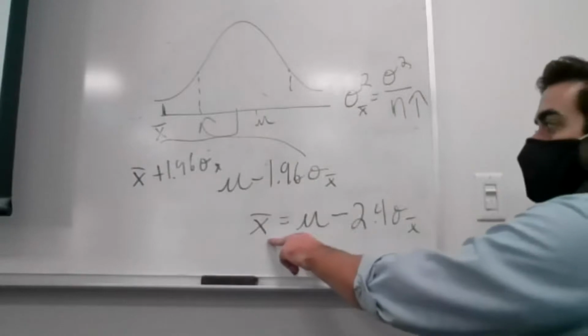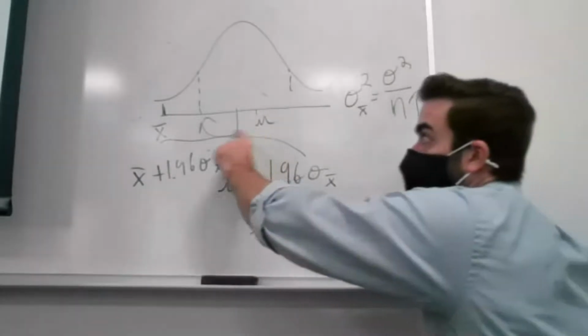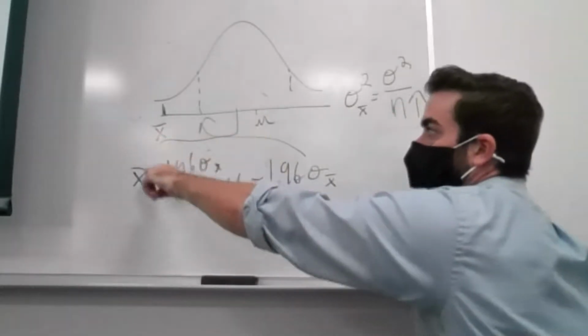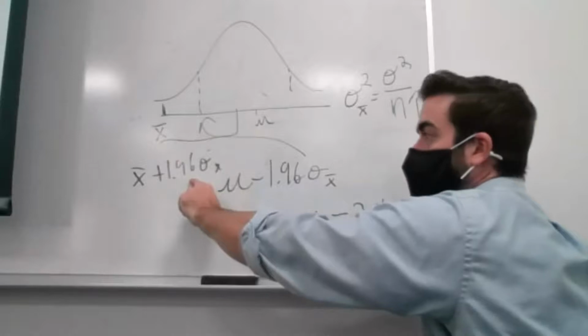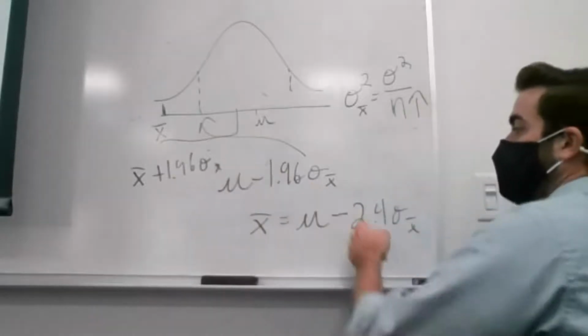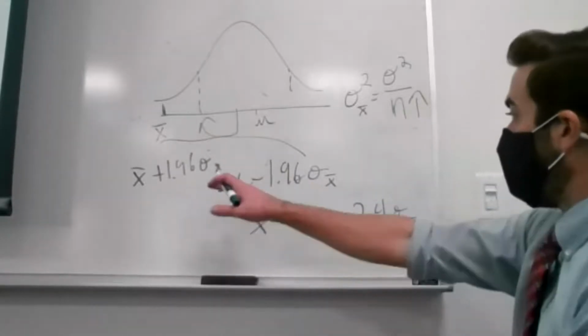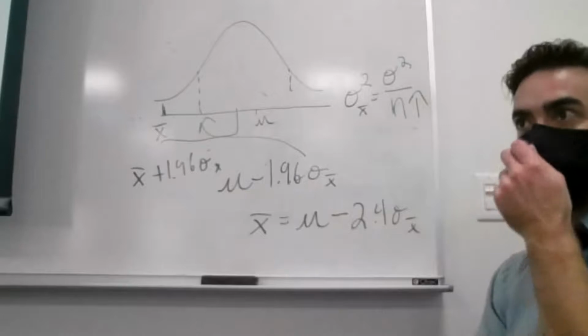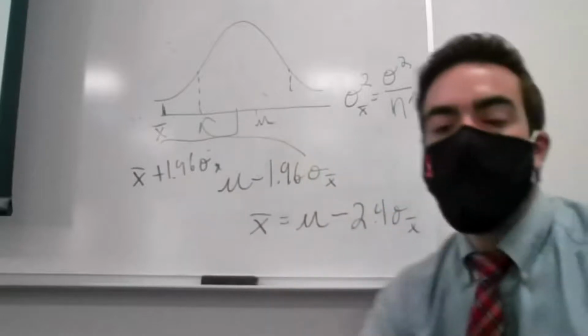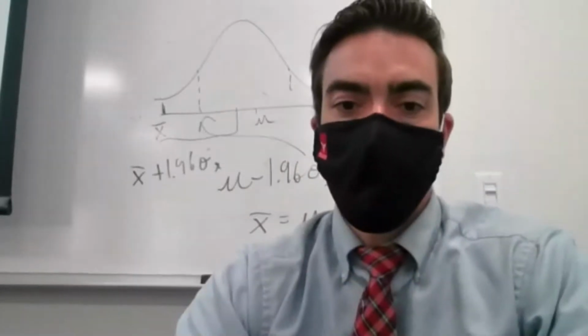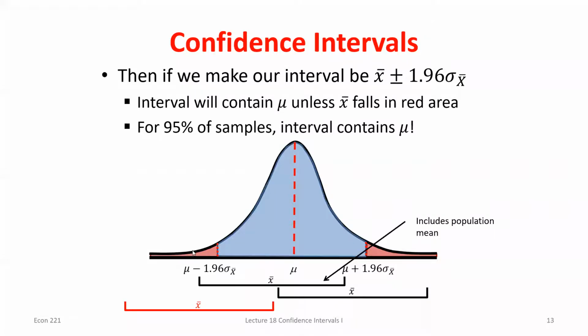Well, if the sample mean is 2.4 standard deviations away from the population mean, and I then add 1.96 standard deviations to it, I'm still going to be negative 0.4-ish away from that true population mean. So that's why every sample mean value I would see in this red area, when I add 1.96 standard deviations to it, doesn't quite get me back up to that population mean.